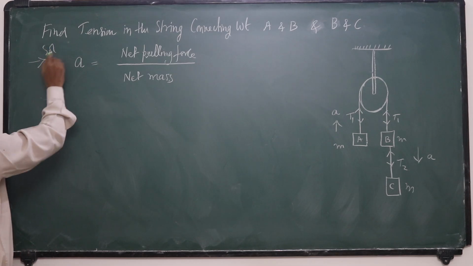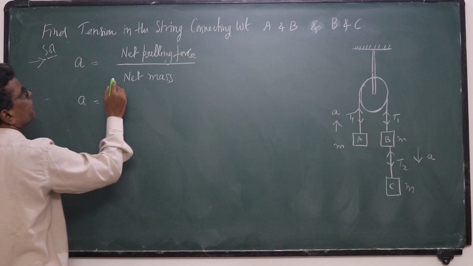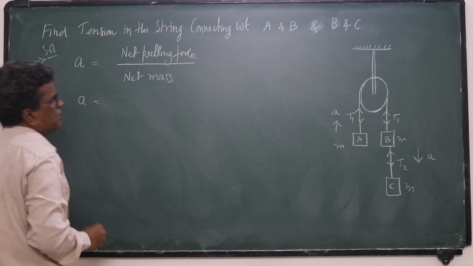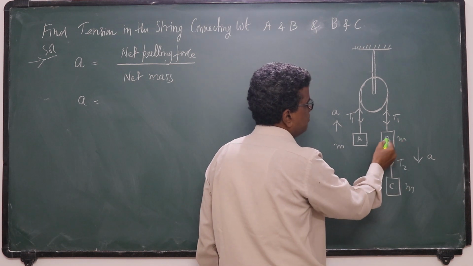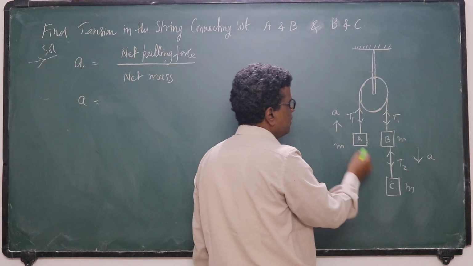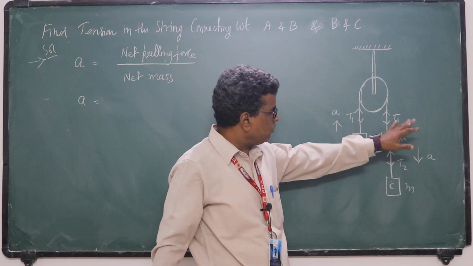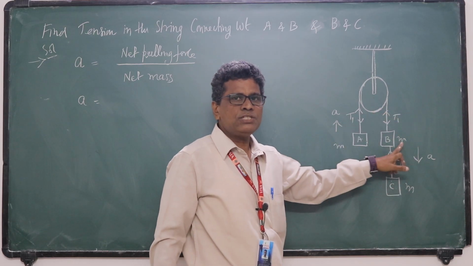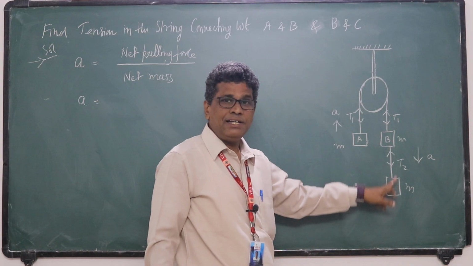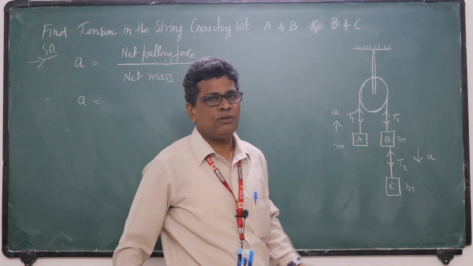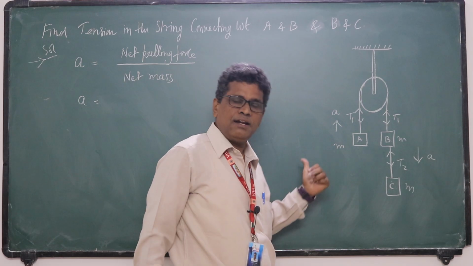This is the solution. Net pulling force is on the right side: here the weight is mg, here mg, so m plus m is 2m. The total weight on the right side is 2mg. Left side is mg.